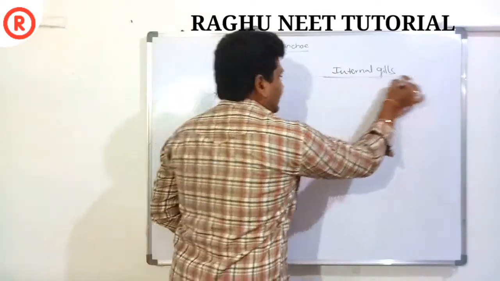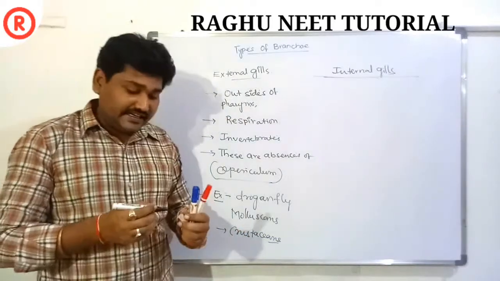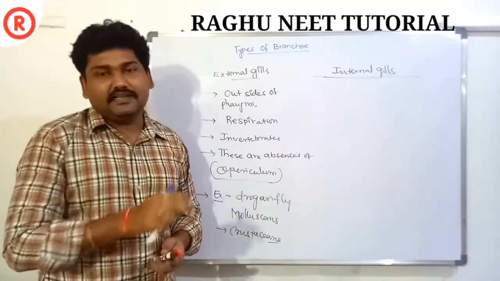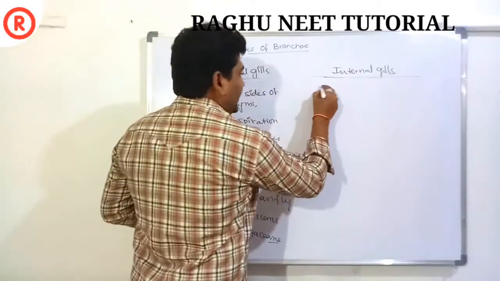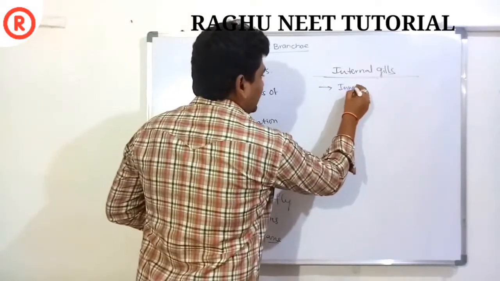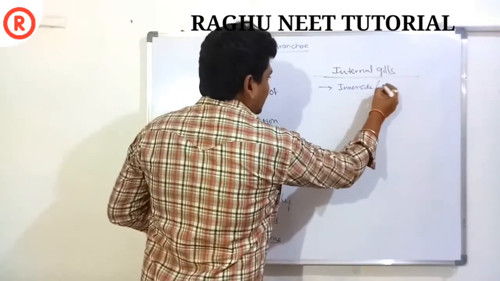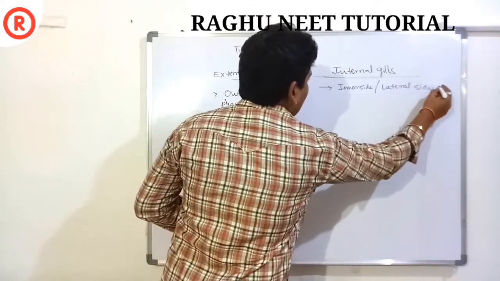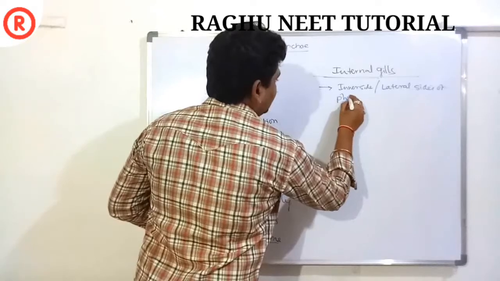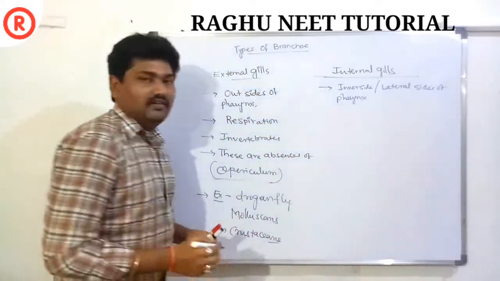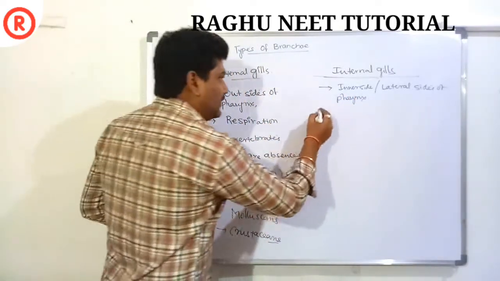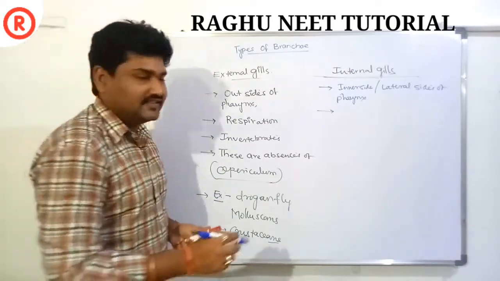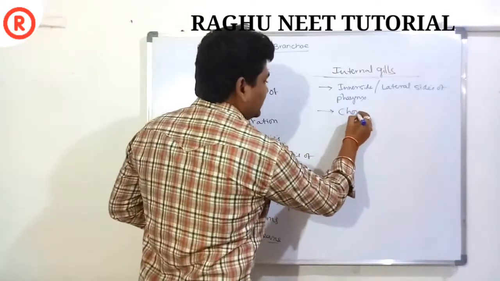Next one, internal gills. These gills are located on the inner side of the body, on either side of the pharynx, the lateral side of the pharynx. This type of gills is present in highly developed individuals, chordates, most of the chordates.